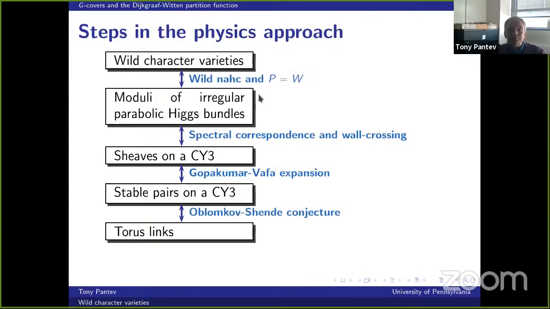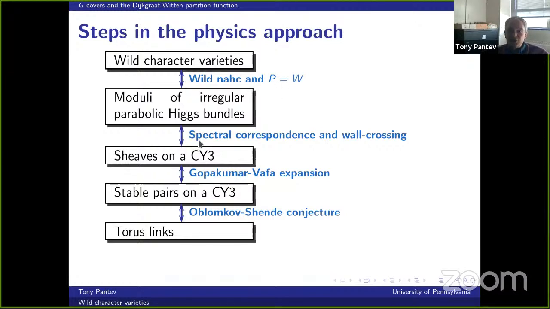And so here are the mathematical conjectures or theorems that you need in order to go from any one of those to the next stage. So the first transition is the wild non-abelian Hodge correspondence and the P equals W conjecture.